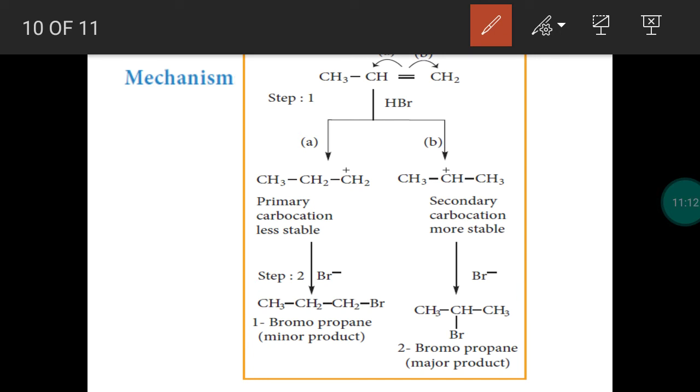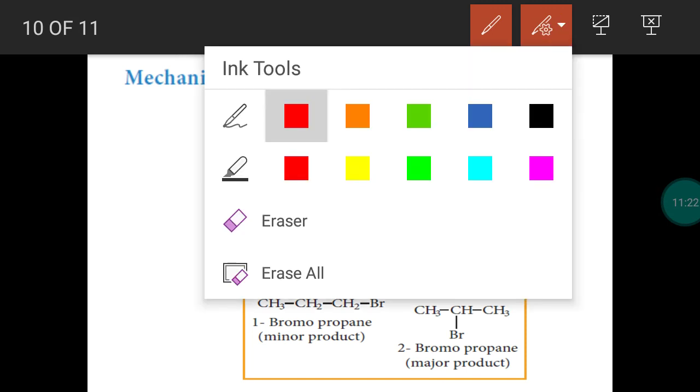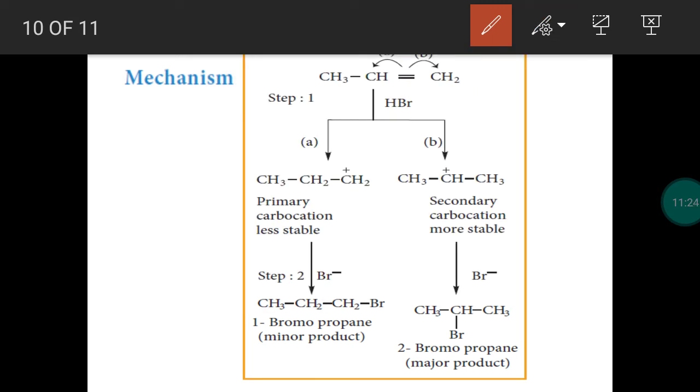So we consider the shifting of the double bond towards the right side. That arrow mark indicates the pi electron is moving towards this carbon. So hydrogen halide approaches the unsymmetrical alkene. There will be heterolytic fission. This pi electron, meaning the electron of the double bond, is shifted towards the right hand side.